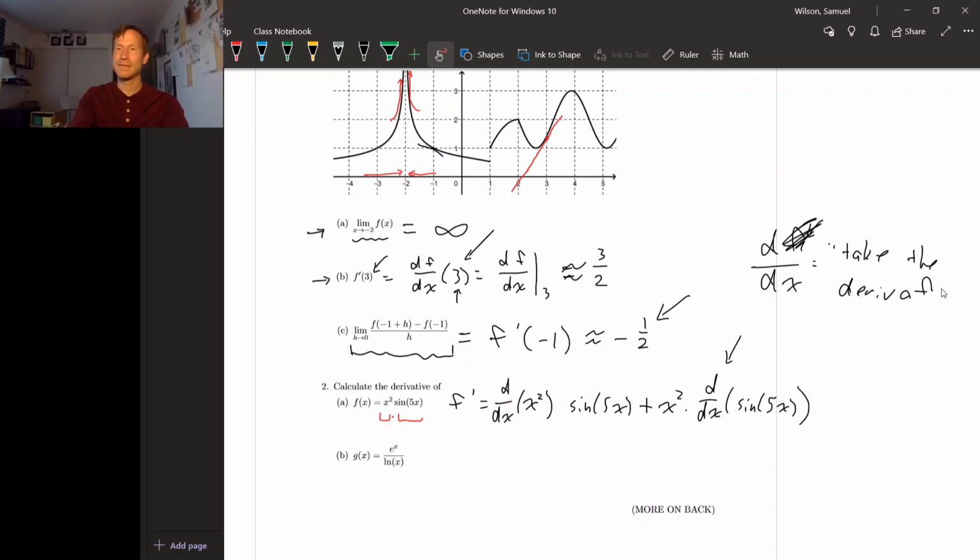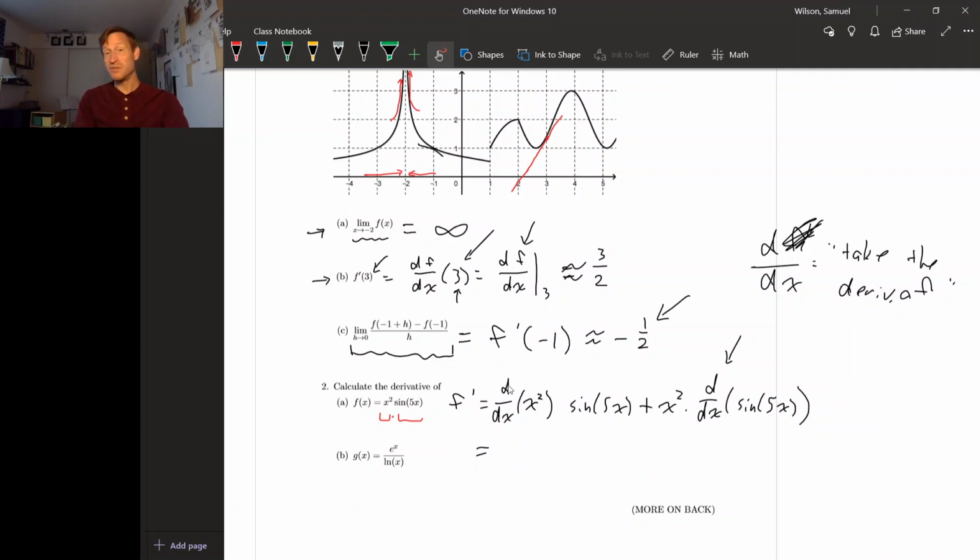Something like df dx, that's a noun. That is the derivative of f with respect to x. But d/dx, that's a verb or a command. It's telling you to take the derivative of whatever follows it. So since I needed some way to express the derivative of x squared, I used this d/dx notation.